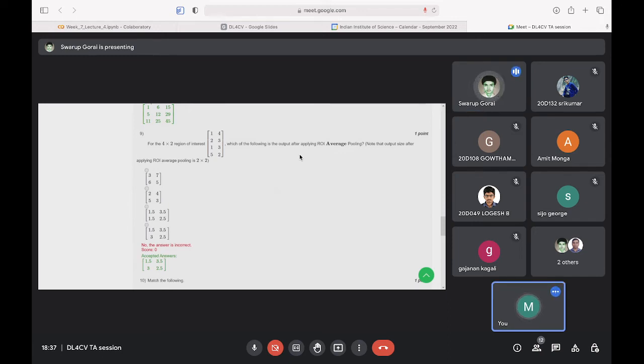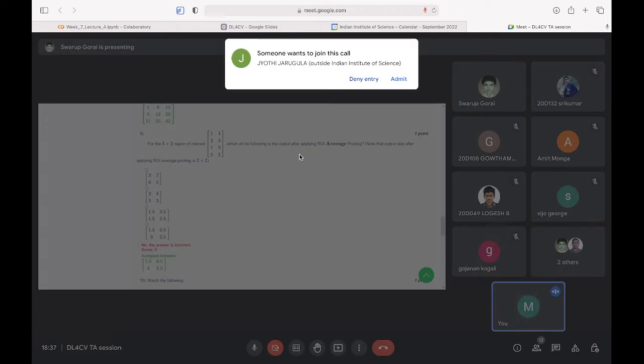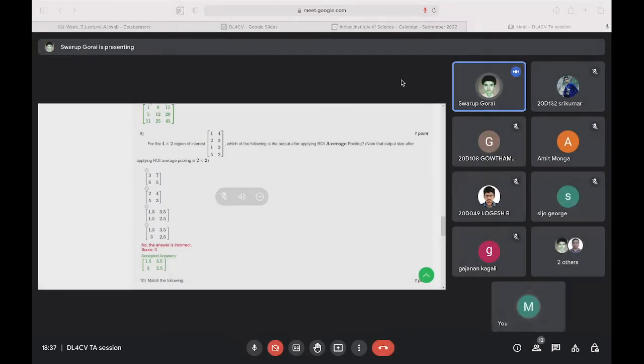Say it is some 10 cross 10 object, but my pooling output is fixed to say 3 cross 3. From 10 cross 10 I have to get a 3 cross 3 output. How will I divide and average so that I get a 3 cross 3 output? That is what ROI pooling is.